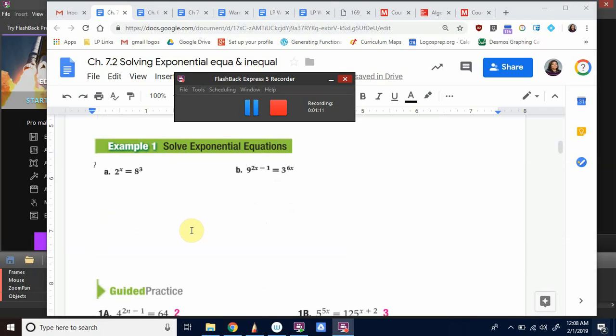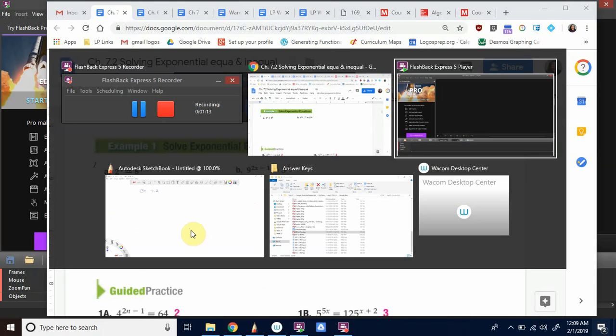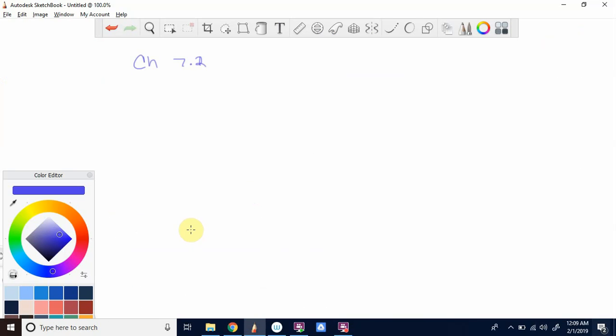So example 1 says, let 2 to the x equal 8 cubed. Okay, so we have an exponent and we have an equation. Well, in order to solve this, we have to have the same base.